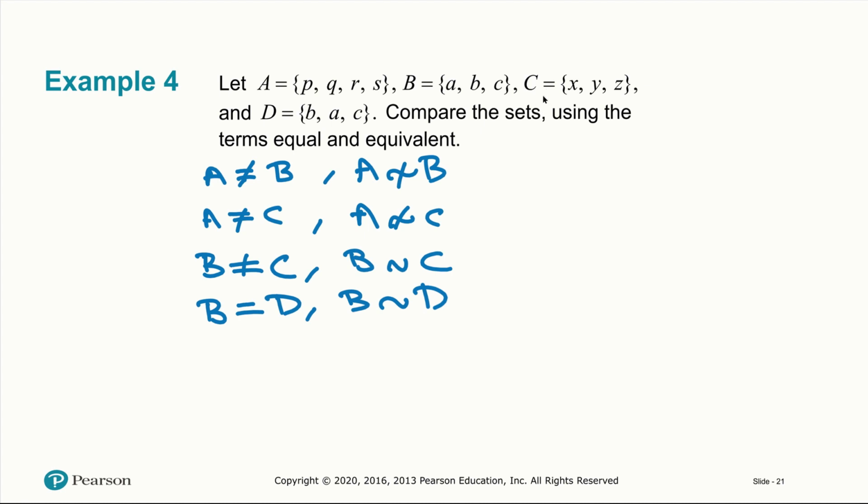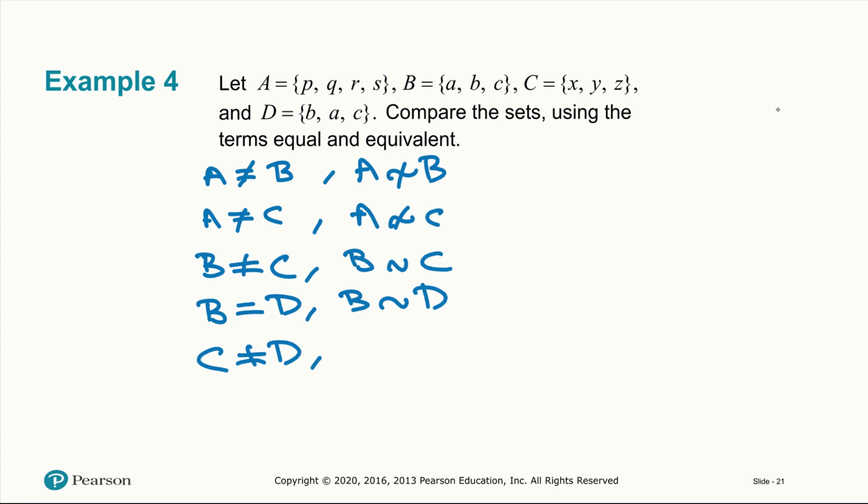Now we move on to the last pairing, C and D. Are they equal? Clearly not, but can they be put in a one-to-one correspondence? Do they have the same number of elements? Yes, they do. So C is not equal to D, right?